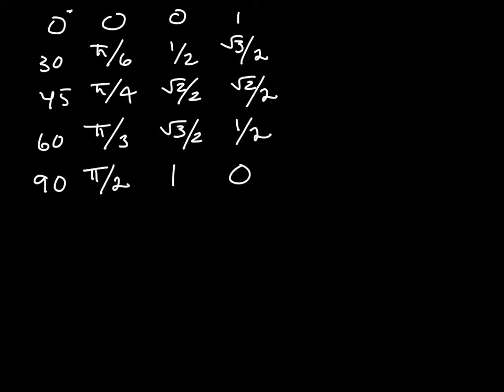It will have the tangent of each one of those. It'll have a dash here for the 90 because it's telling you that it's undefined. Then it'll have the cosecant. This one will be undefined.